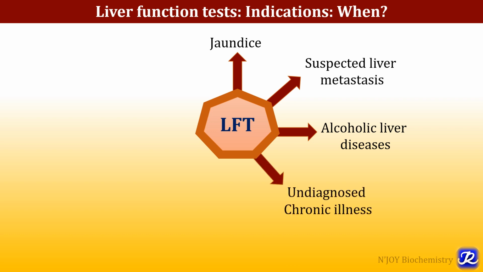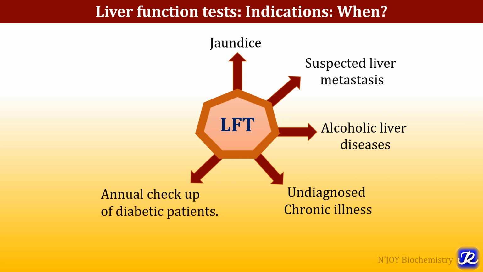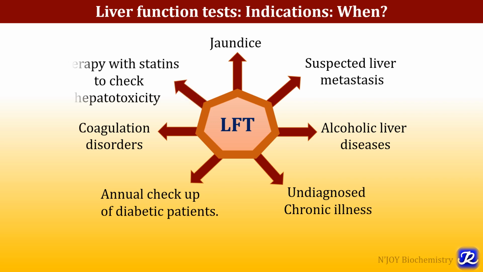Whenever there is undiagnosed chronic illness, or in case of annual checkup of diabetic patients, coagulation disorders and if therapy with drugs like statins is going on to check the hepatotoxicity of drugs or various other drugs which are potentially hepatotoxic. So these are the various common indications when liver function tests are advised.